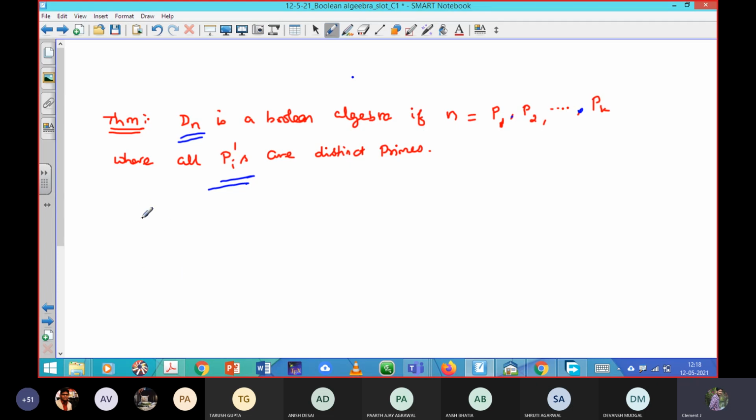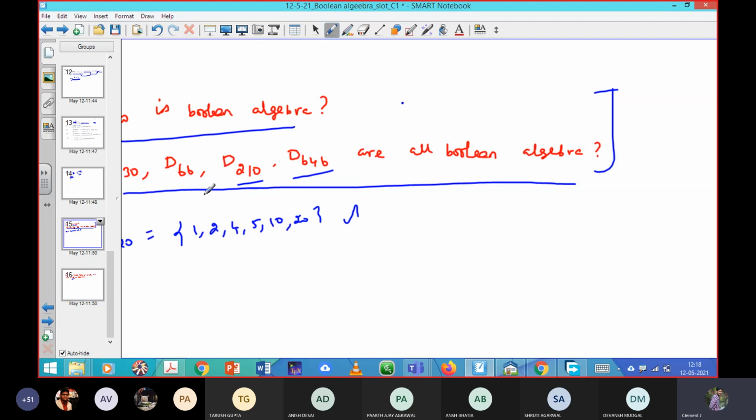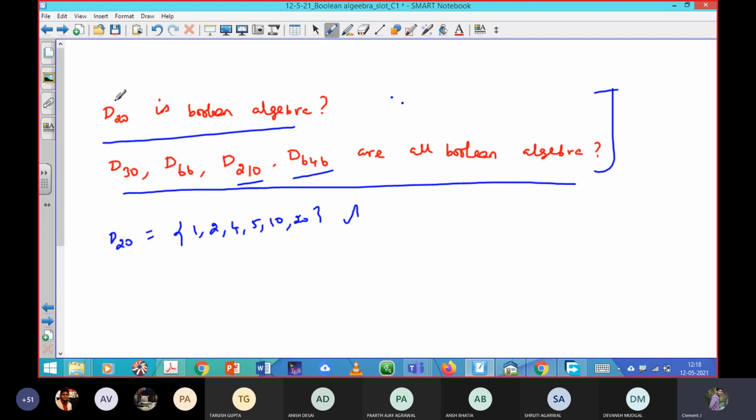So anyway, let us check the previous problem, what they mentioned in the slides. Take 20. Can you try to write this in distinct primes? Here you need to mention only the prime numbers.